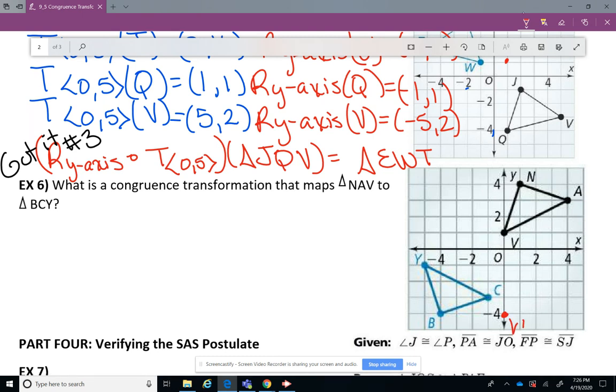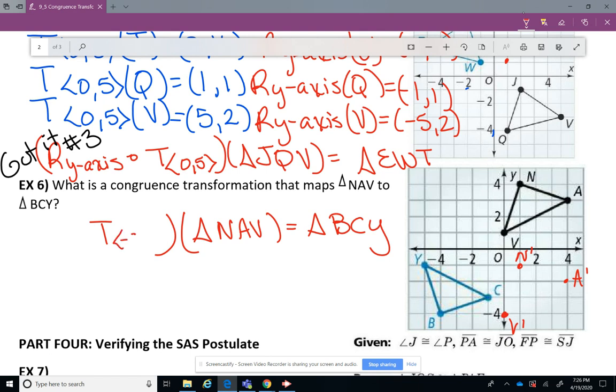Take N and move it down 5. That's N prime. And take A and move it down 5. That's A prime. All right, so we're going to take triangle NAV, and they want us to map it onto triangle BCY. All right, so the first thing we did is we translated it 5 units down.